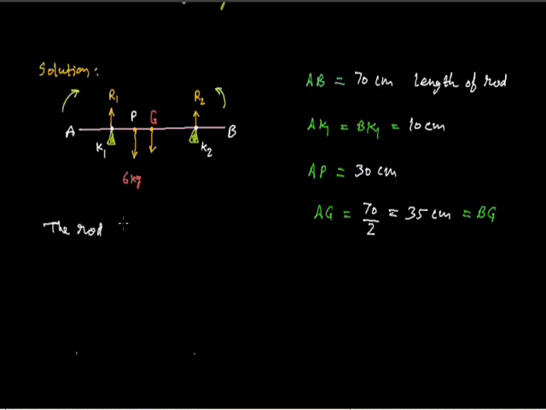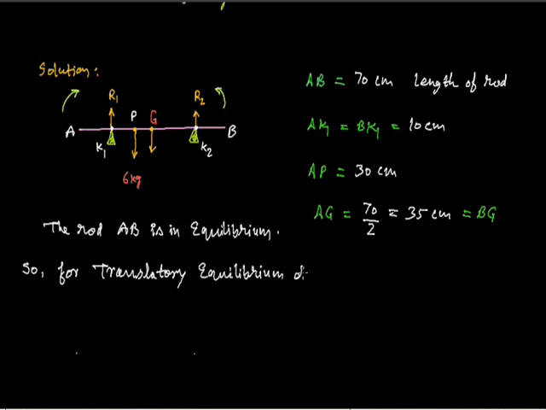The rod AB is in equilibrium. So for translatory equilibrium of rod AB, the sum of reactions is balanced by the two weights, means the two forces acting in the opposite direction of the reaction.